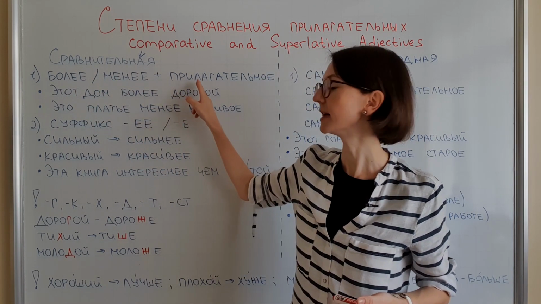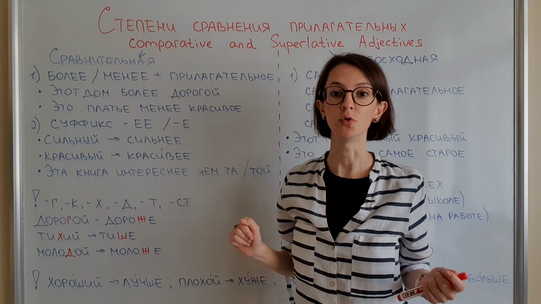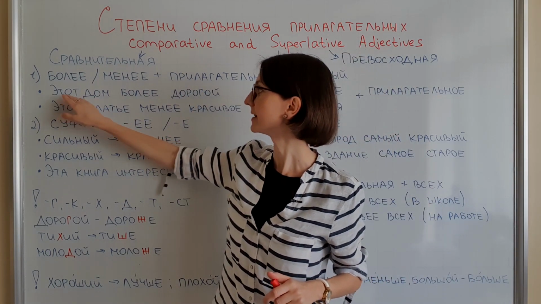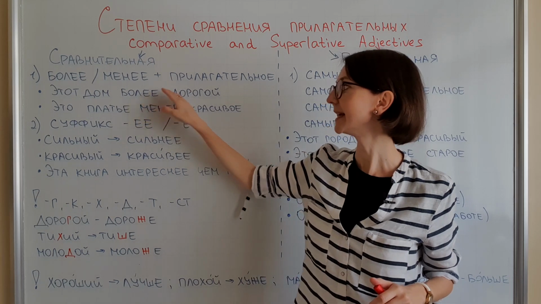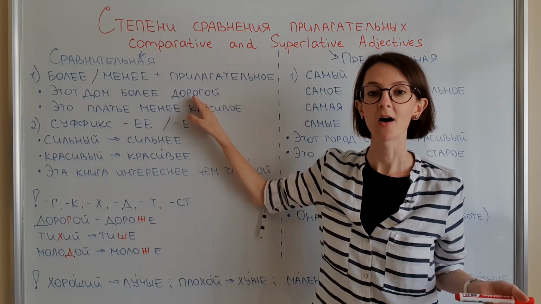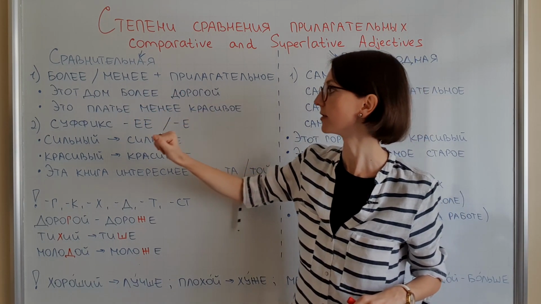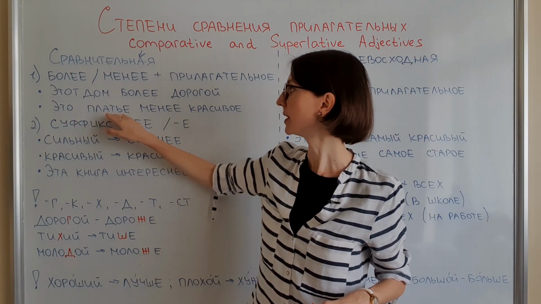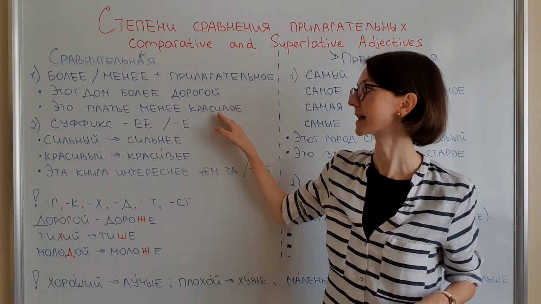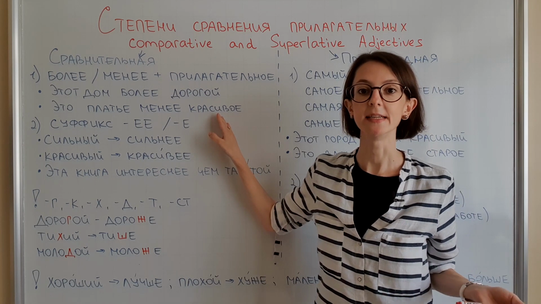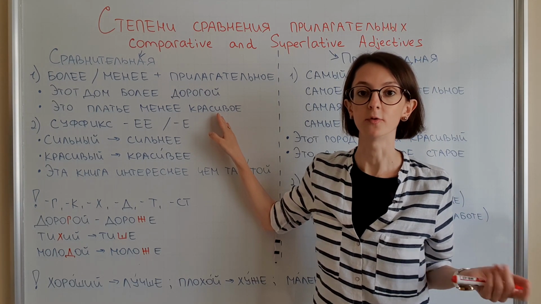And then you add the adjective you need to use. For example, этот дом более дорогой. This house is more expensive. Or это платье менее красивое. This dress is less beautiful.